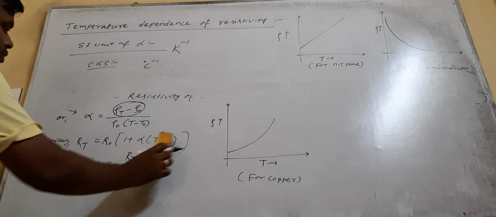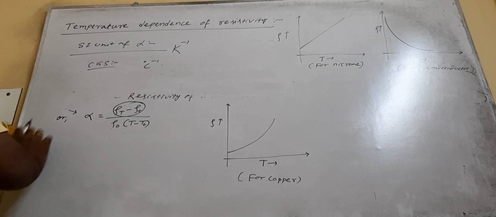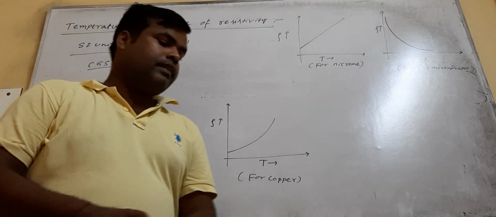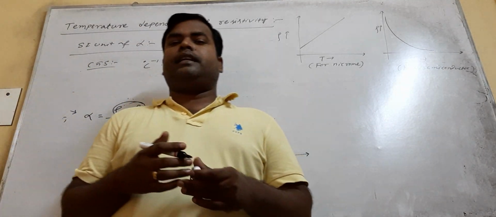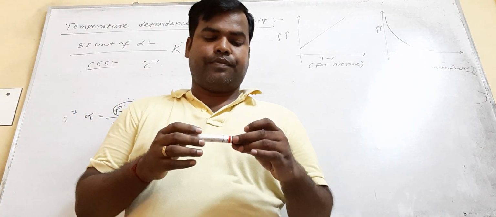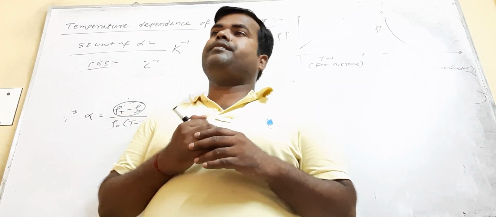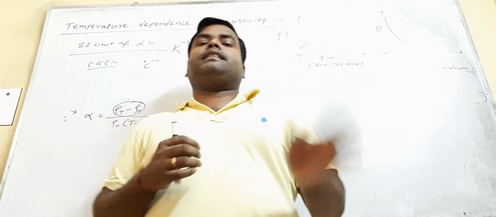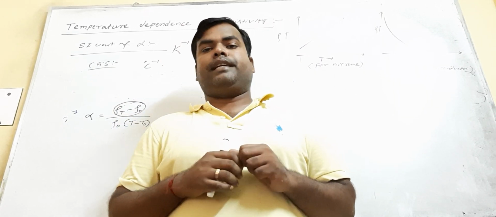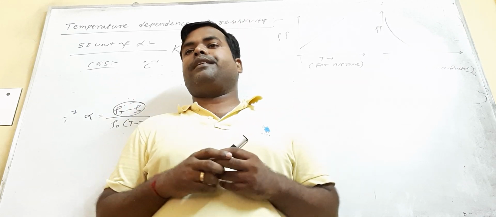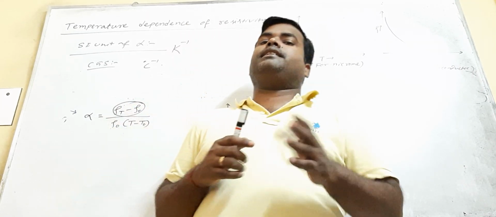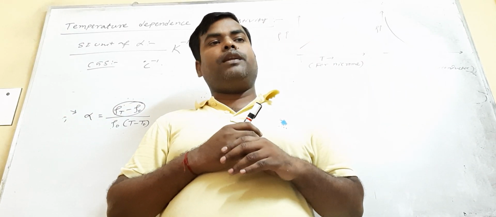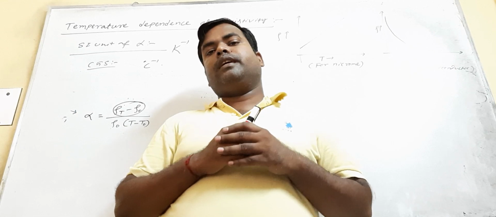So now we will discuss why resistance or resistivity depends upon temperature. To understand this, first you need to know why a conductor offers resistance to the flow of current through it. Suppose you are asked to go along a crowded road.